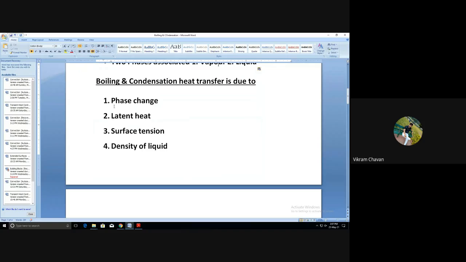Okay, so for the phase change we require the latent heat, at a saturation temperature. As the temperature goes on increasing, the value of the surface tension also goes on changing. Density of a liquid goes on decreasing.